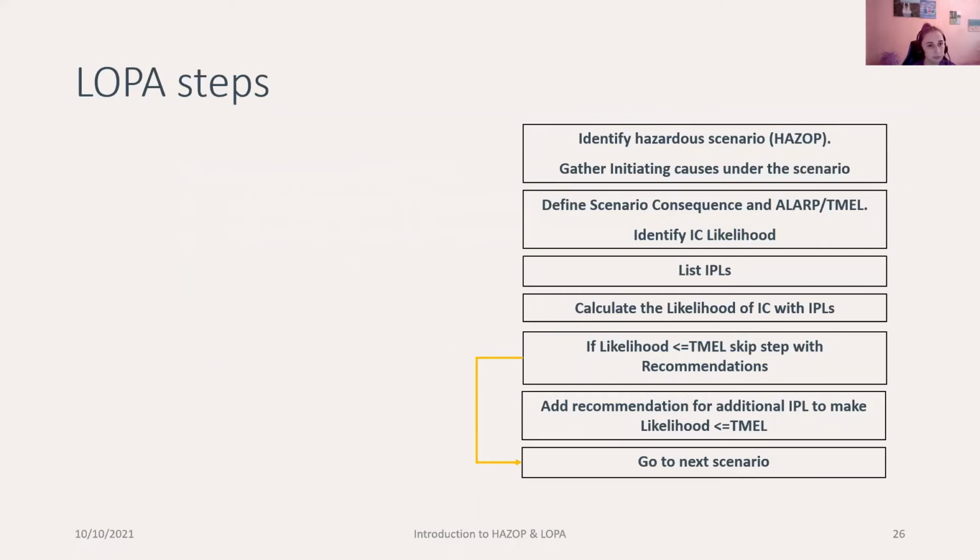So here I will just give you a quick run through all the steps of LOPA, and then we will look into an example spreadsheet so we can easily understand it. After we identify a hazardous scenario during the HAZOP, we gather all initiating causes in one scenario.